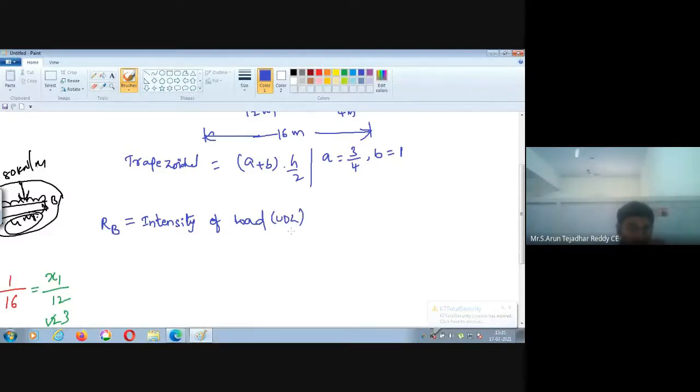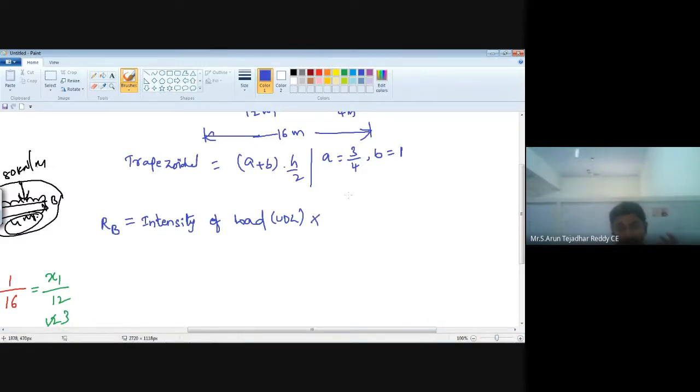Again, don't get confused here. Intensity of UDL into area of ILD under UDL. So here area of ILD under UDL means this total trapezoidal shape and given intensity of load.